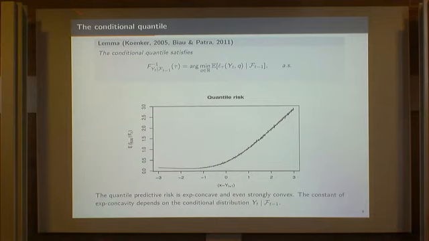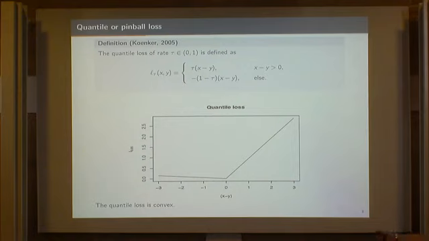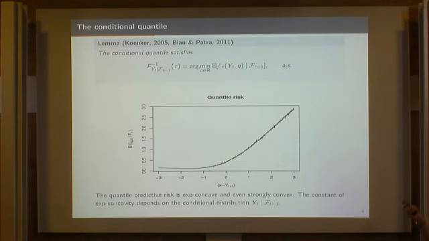So tau again is the slope of the quantile loss, and if tau is equal to 1/2, I go back to the classical absolute loss, and of course we know that we predict the median in this case.